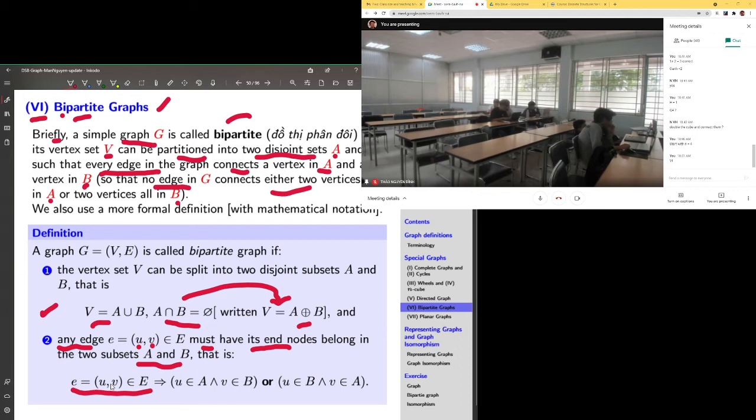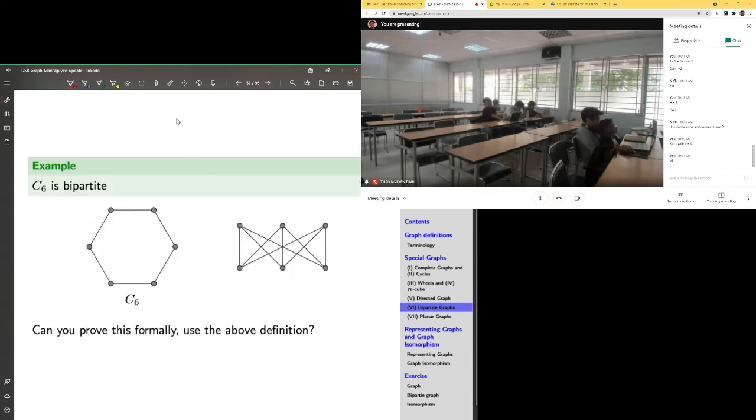So the bipartite graph requires two conditions. The first one is about decomposition of the vertices. The second one is about the connection. And this is very useful nowadays, because if you start from something like this one, not yet reading the example, read the picture I am drawing for you.